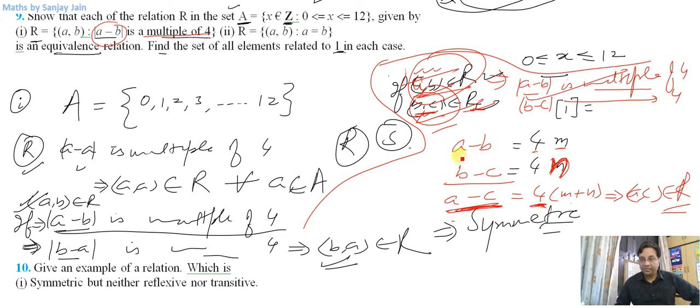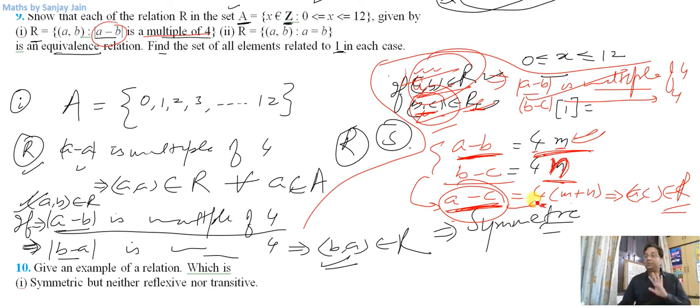Then I can write A minus B without mod as 4 into some integer, and similarly B minus C as 4 into some integer. If I add these, this will give me A minus C as a multiple of 4, which means that (A, C) belongs to this relation R. So it is transitive. I hope you got this.